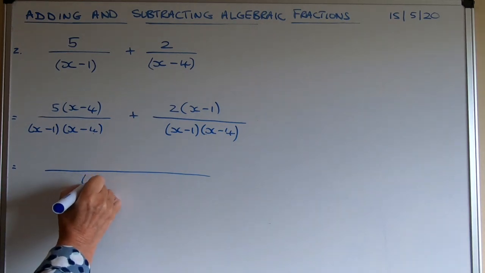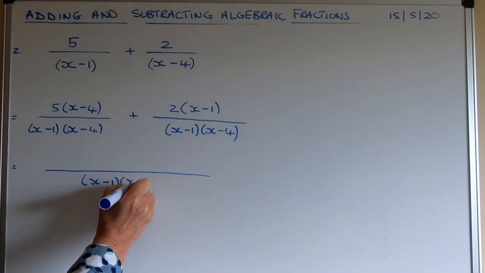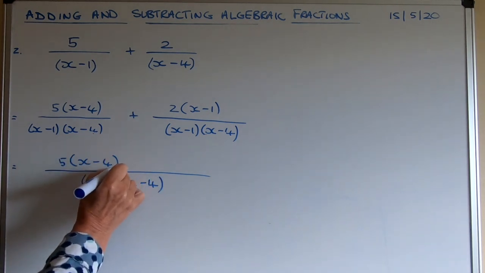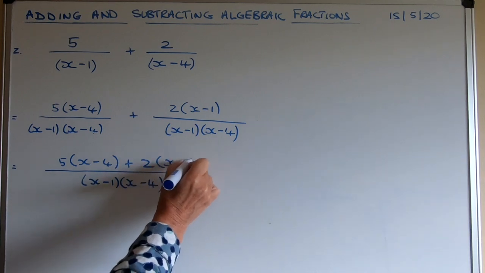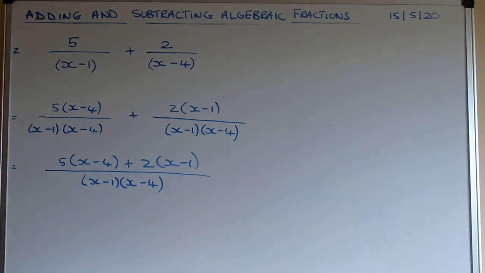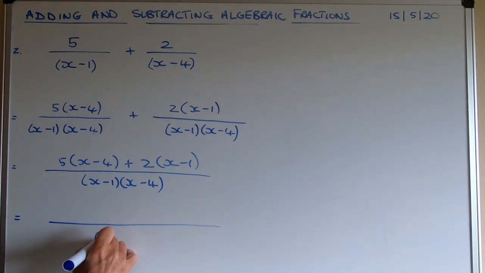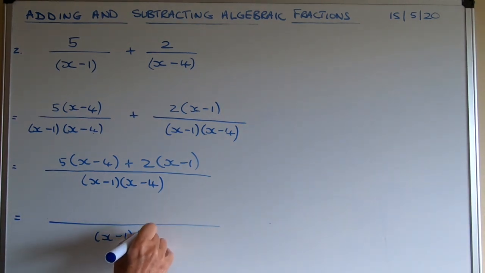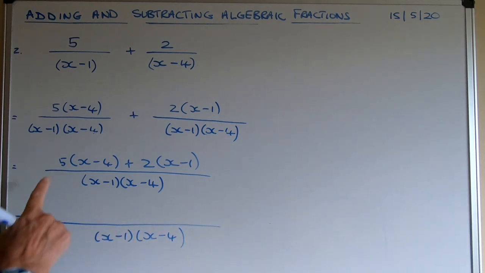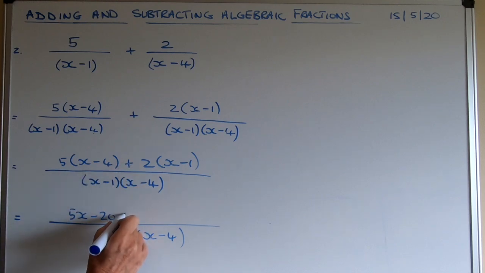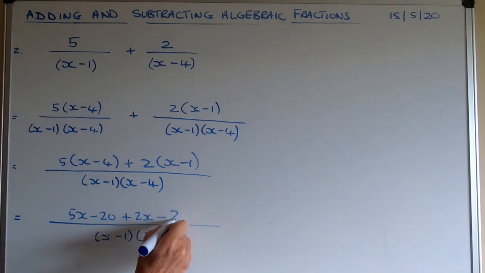Now that we know we have the same denominator, we can add them. So it's 5 times x minus 4 plus 2 times x minus 1. There's no need to multiply out the brackets in the bottom line; we just leave it as x minus 1 times x minus 4. What we are going to do is multiply out the top and gather like terms. That would be 5x minus 20, and here plus 2x minus 2.